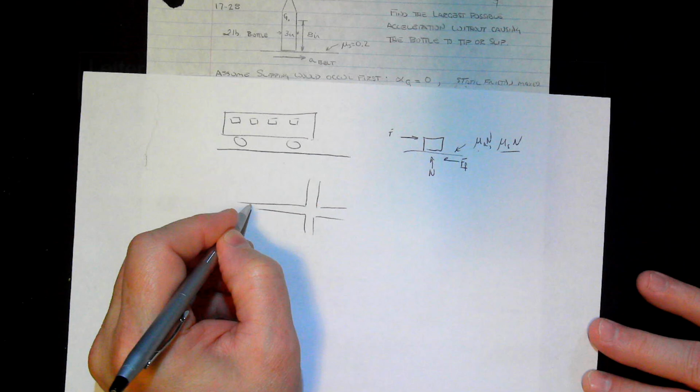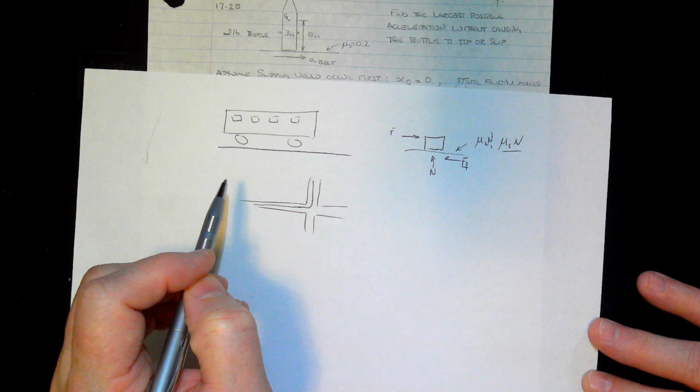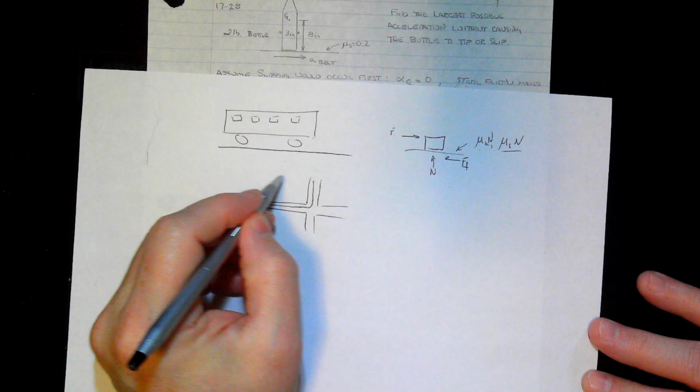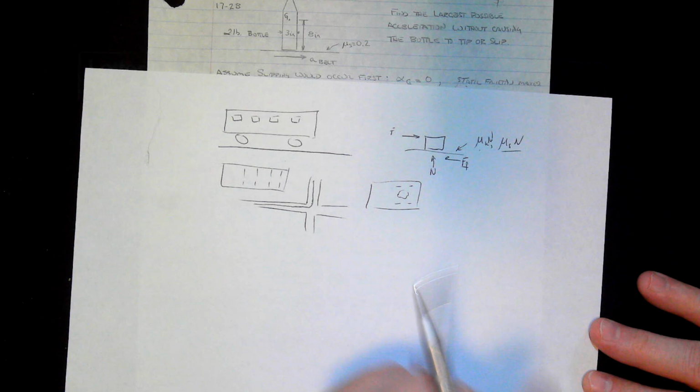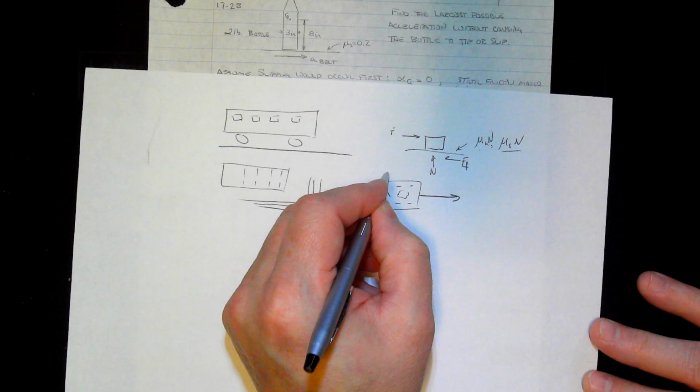If you were to take a moment to look at this problem, just think about it. In the y, this again has to be 0. All right, so we have these two going up, 60 coming down, and the 80 coming down, or 60 times 9.81. And that'll be equal to 0.